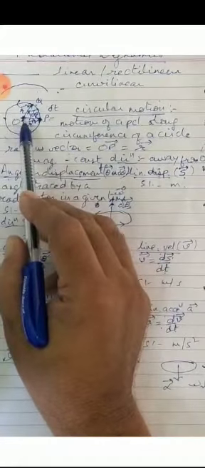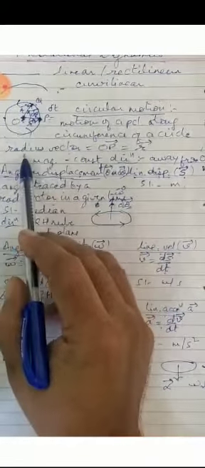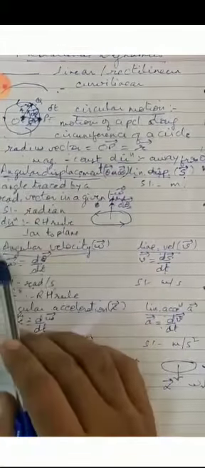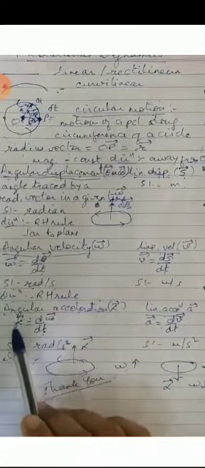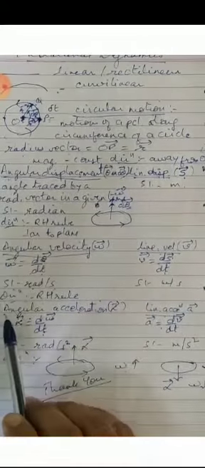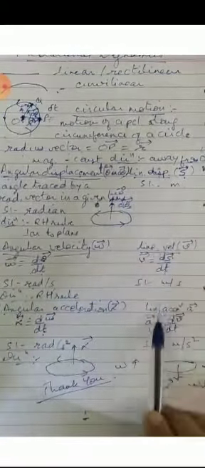that a vector drawn from the center of the circle to the position of that particle is called radius vector. It is also called position vector. Then three important physical quantities: angular displacement, angular velocity, angular acceleration. These three important physical quantities are compared with the three quantities in linear motion.